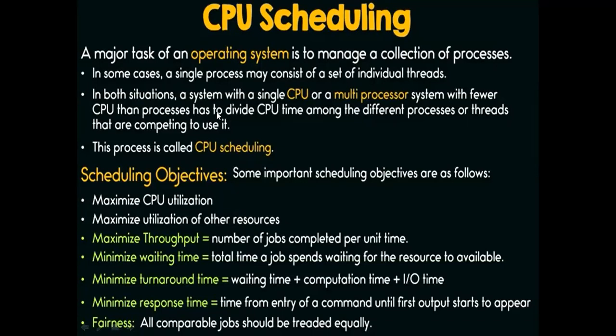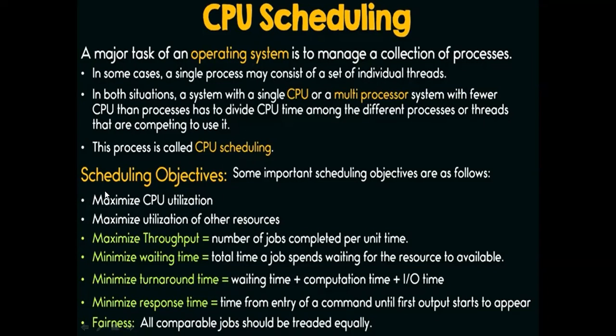In both situations, a system with a single CPU, or a multiprocessor system with fewer CPUs than processes, has to divide the CPU time among the different processes or threads that are competing to use it. This is called CPU scheduling.